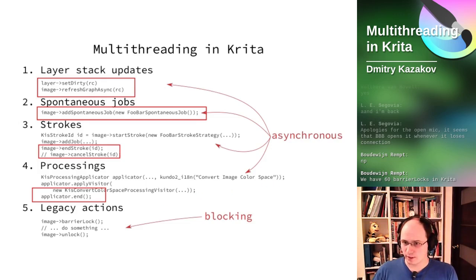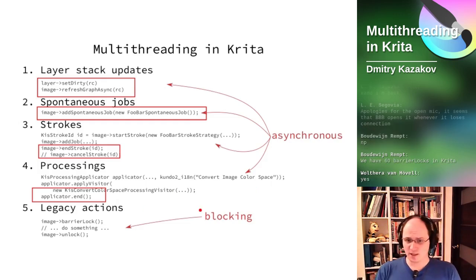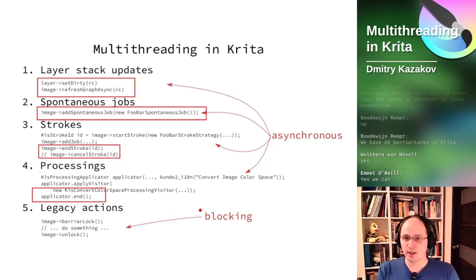So after doing any asynchronous action, if you want to make sure this action has been completed, you have to do wait for done. That is what we do in many Python API code, but not everywhere, and this is considered a bug.